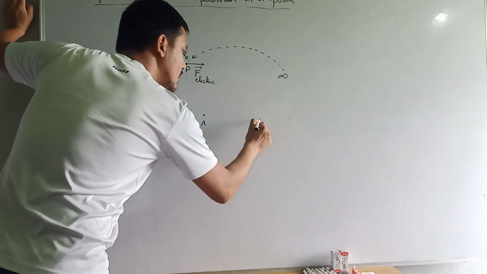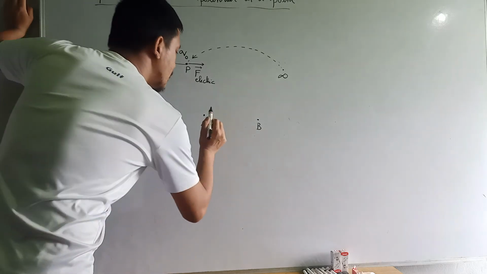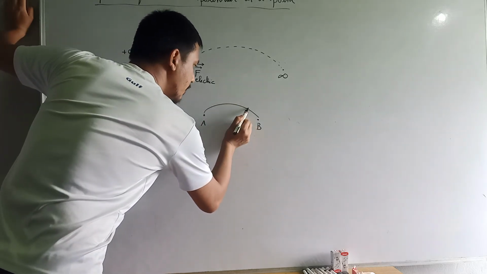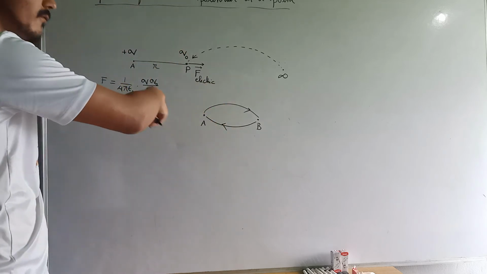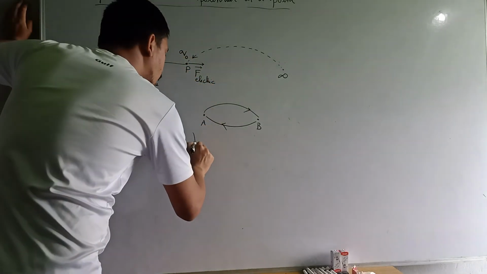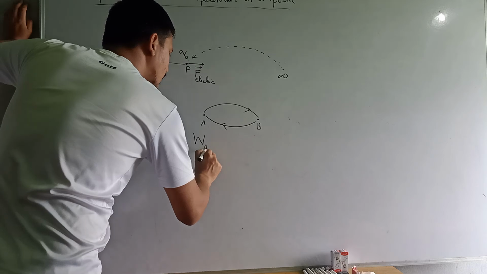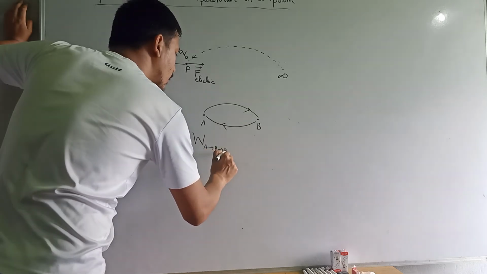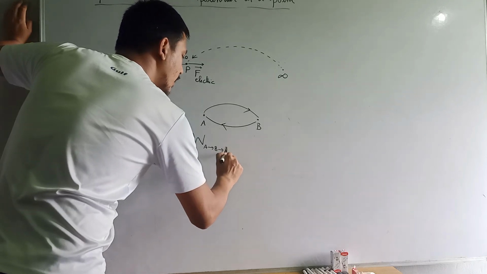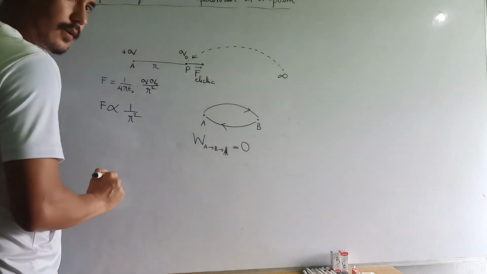This is point A, this is point B. Suppose you take the body from A to B and then bring it from B to A. Then that forms a closed path. So work done by the conservative force in taking the body from A to B and then from B to A will be zero, right?